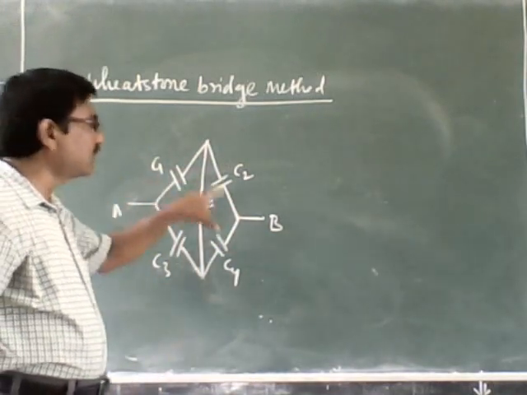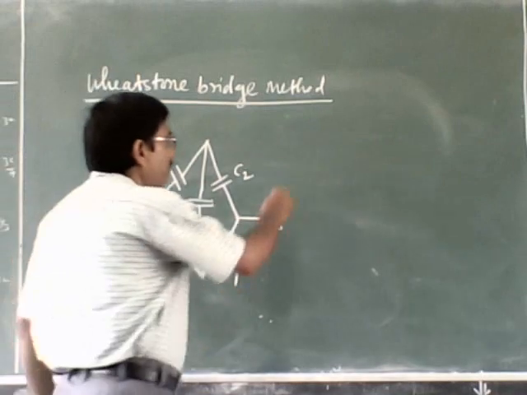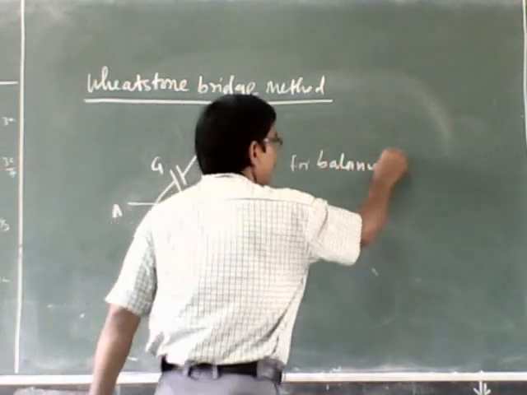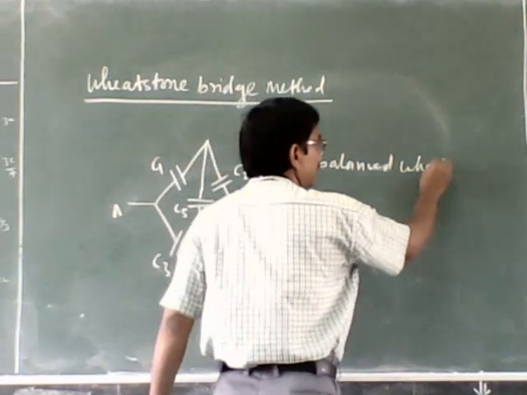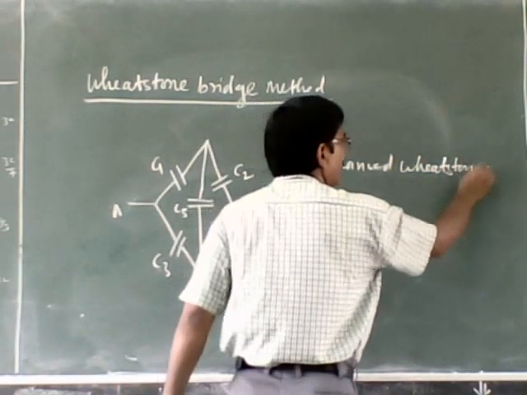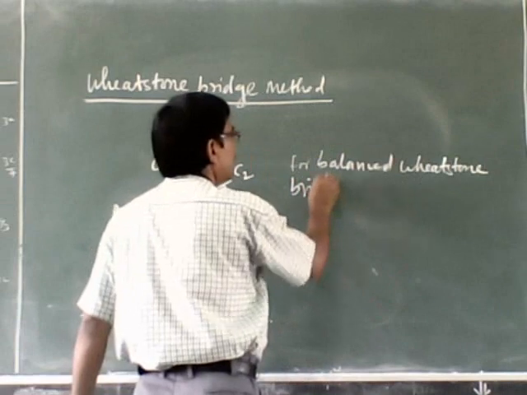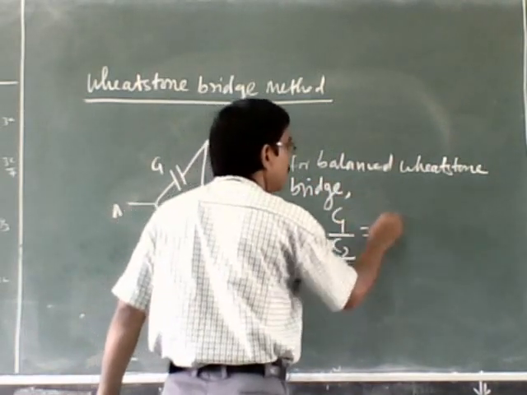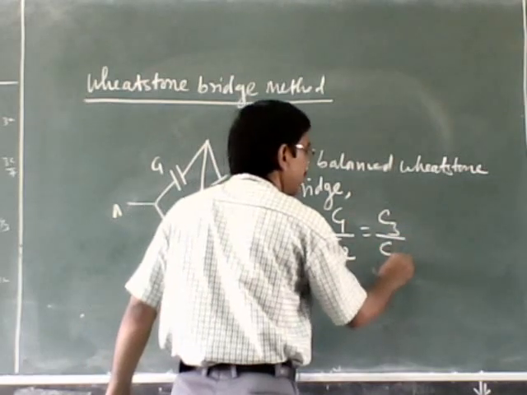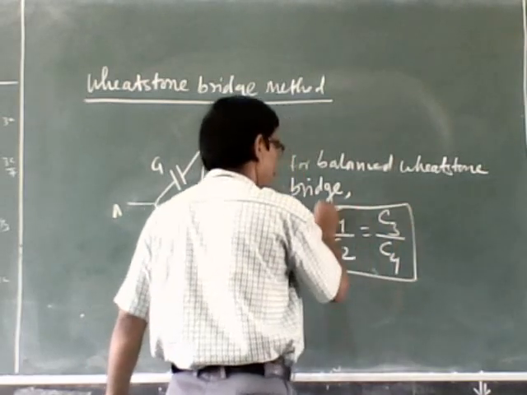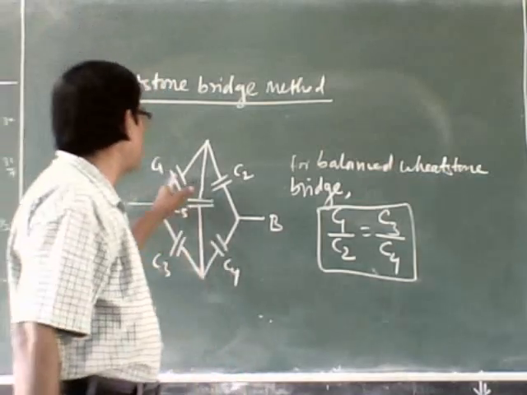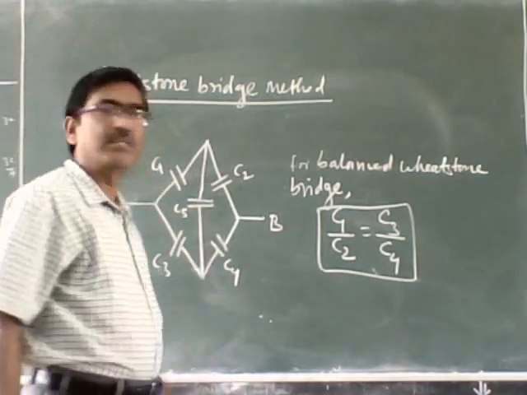And this will be a balanced Wheatstone bridge if C1 by C2 is equal to C3 by C4. This formula you have to remember: for a balanced Wheatstone bridge, C1 by C2 is equal to C3 by C4.